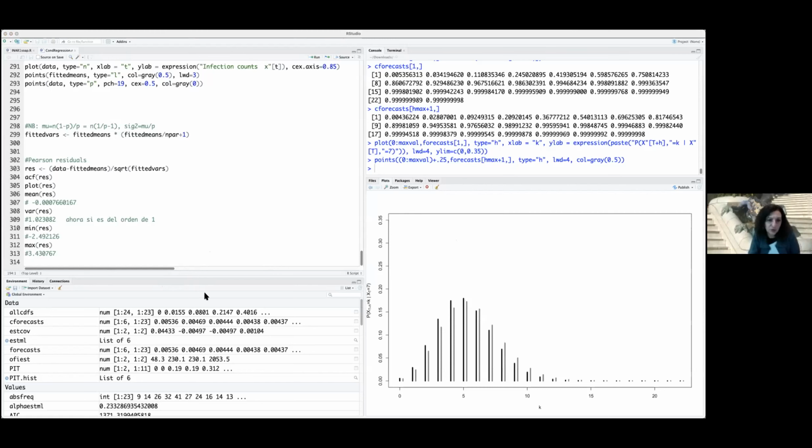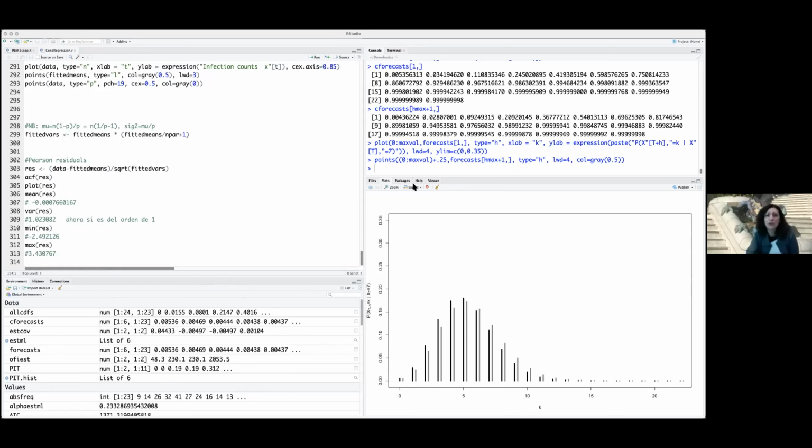This is the observed marginal, and the gray things are the forecast, and you see it begins to fail up to a certain point. And this is with the negative binomial.